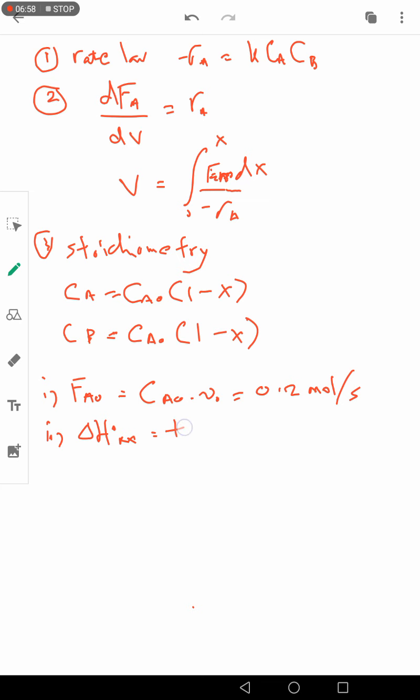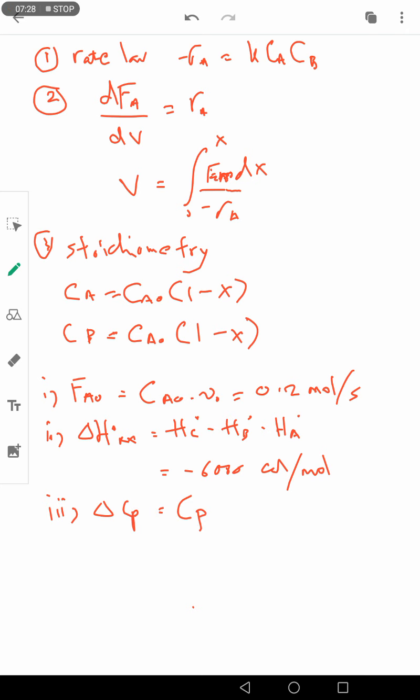Yang ini yang mana product enthalpy minus reactant punya enthalpy. So you akan dapat around this calorie per mole. Kemudian you kena cari delta Cp.